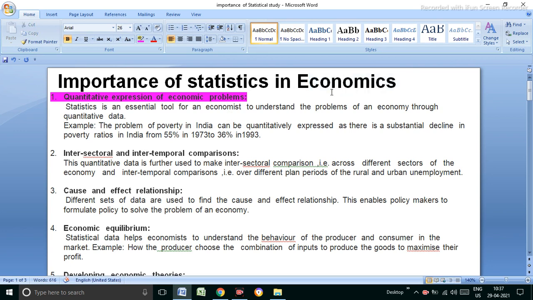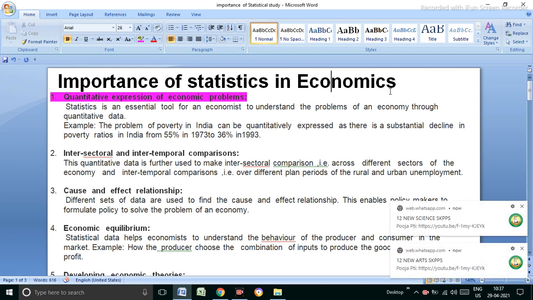Economics is concerned with the economy, and the economy has all types of problems: population problem, unemployment, birth rate, death rate, and various types of disease. With the help of statistics we can measure them in quantity form and provide solutions in economics.